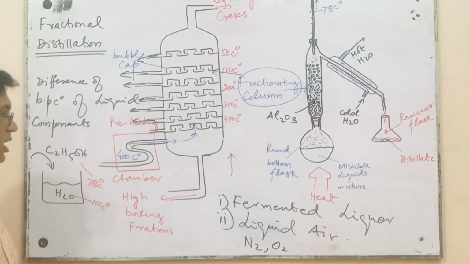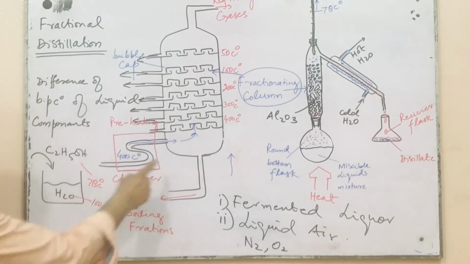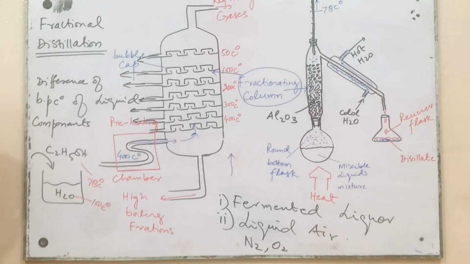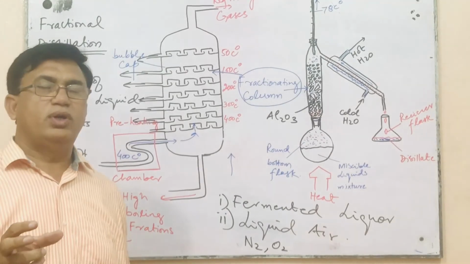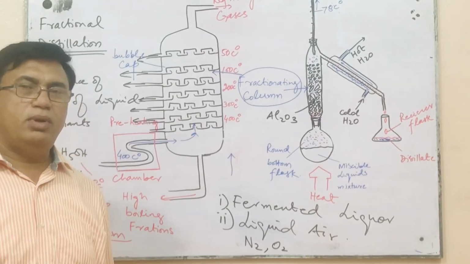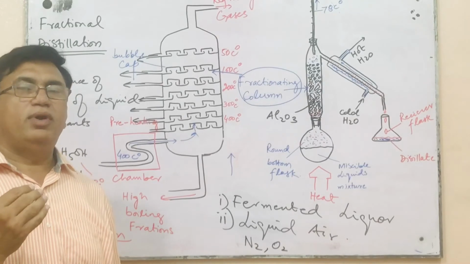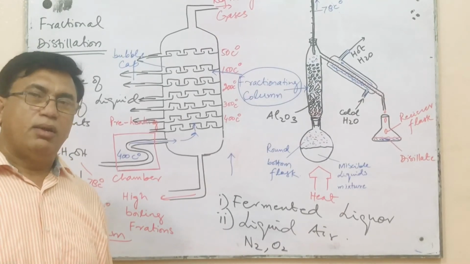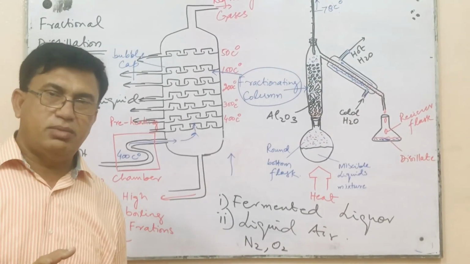Now, the third we have already discussed: petroleum. Petroleum itself is a mixture of different hydrocarbon components which have different boiling points, but they are miscible.